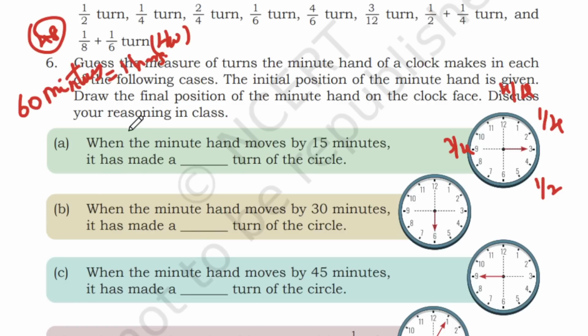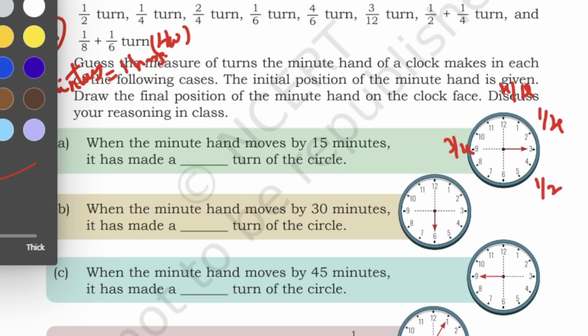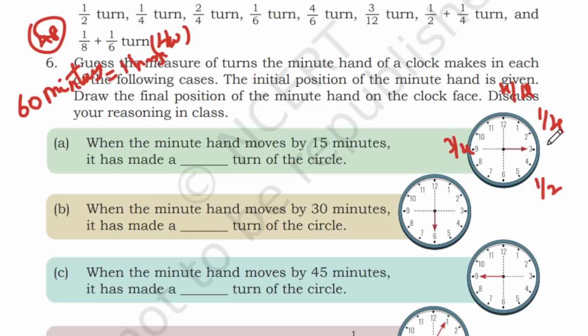So we'll see the first question. When the minute hand moves by 15 minutes, it has made dash turn of a circle. Here it is already at 3, which is 15 minutes. Each time it goes 20 minutes, 25 minutes, 30 minutes.